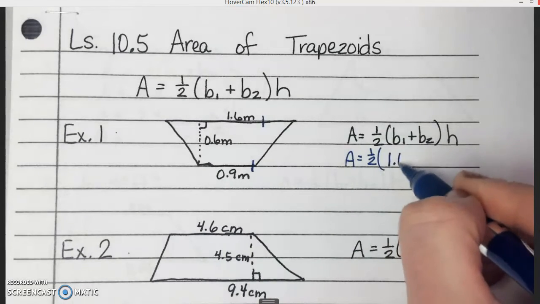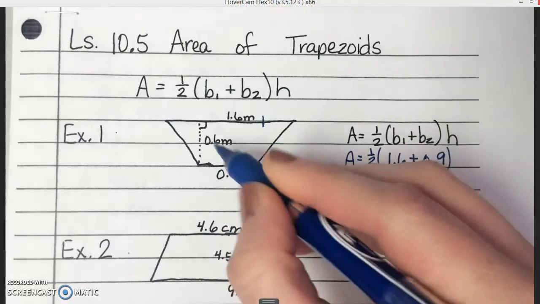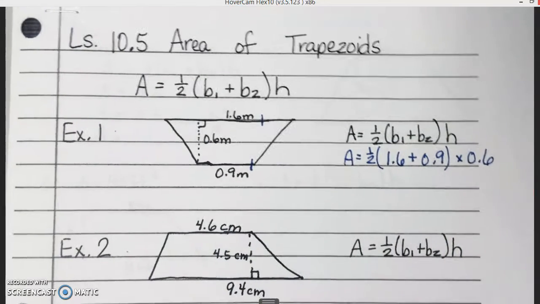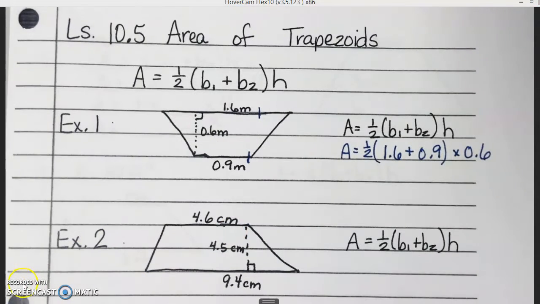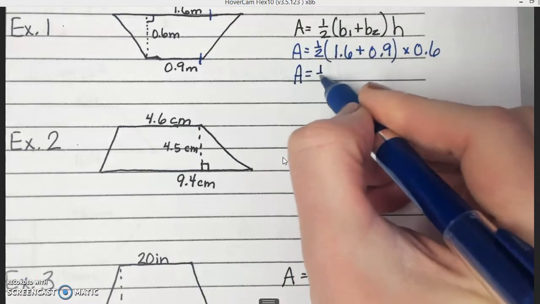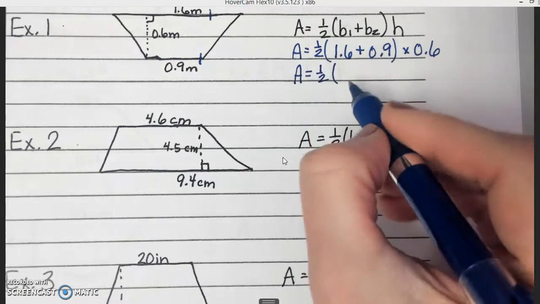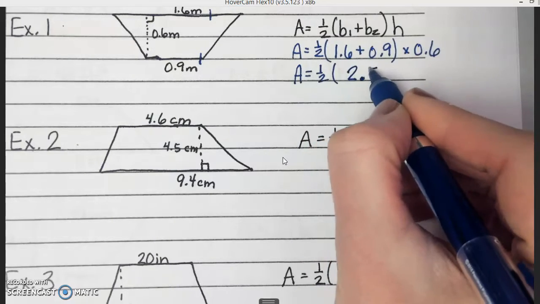Okay, so your bases are always the parallel lines. That's important. So these are my parallel lines. So I have 1.6 plus 0.9. And then I'm going to multiply that times the height. So the next step would be to go ahead and do the parentheses first. So 1.6 plus 0.9 would give me what? 2.5.